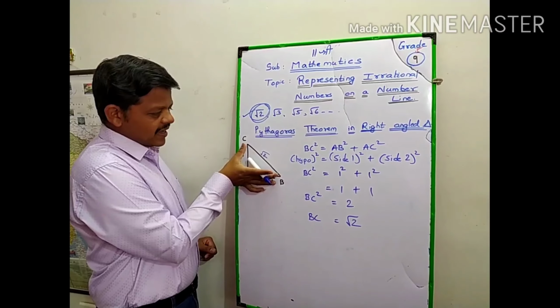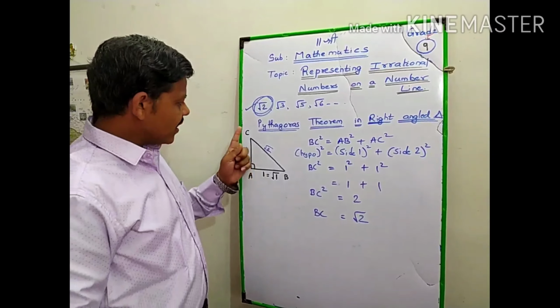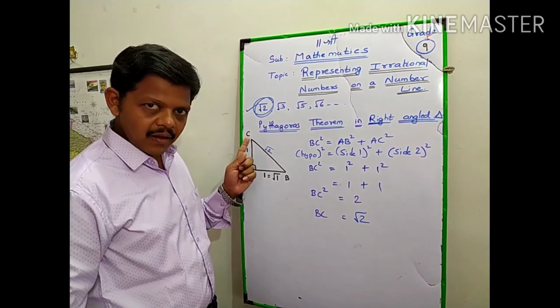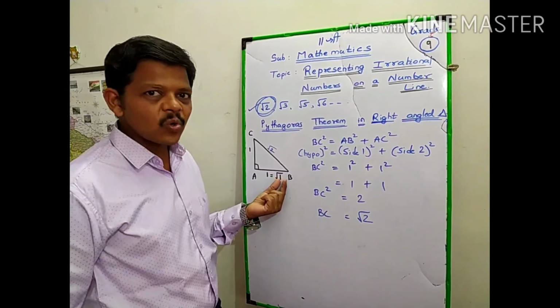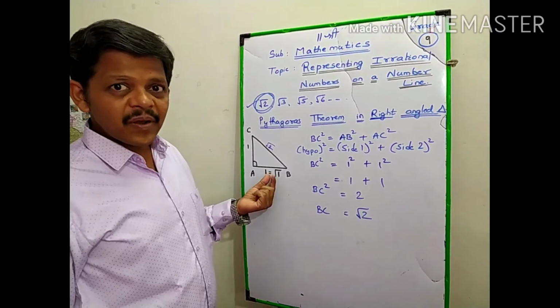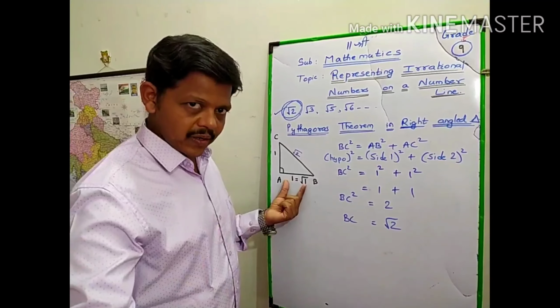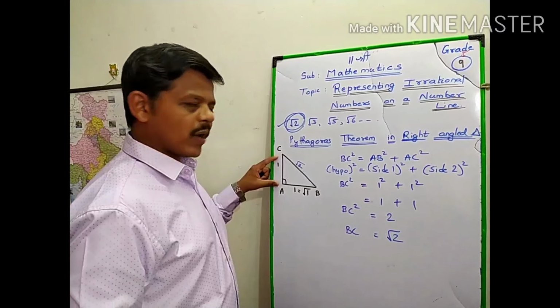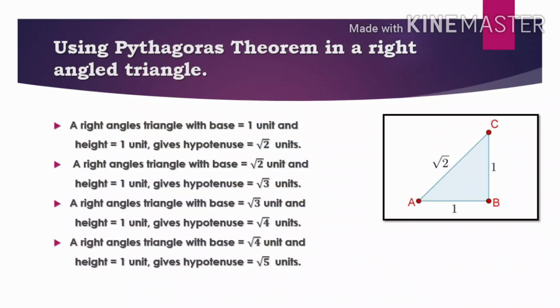This much is my root 2. That means a right angled triangle with a base as 1, or you can say root 1, because root 1 is 1. I had told you 1 is a perfect square. Base as root 1 and height as 1 gives me hypotenuse as root 2.